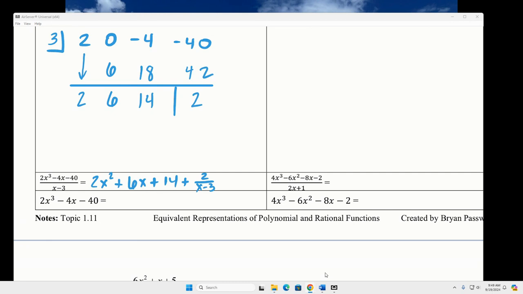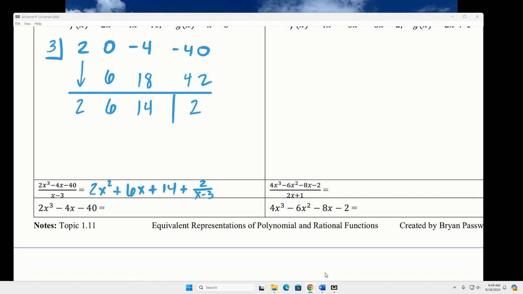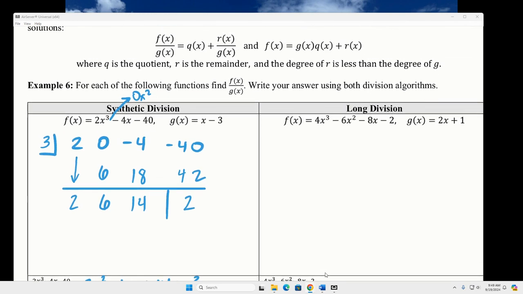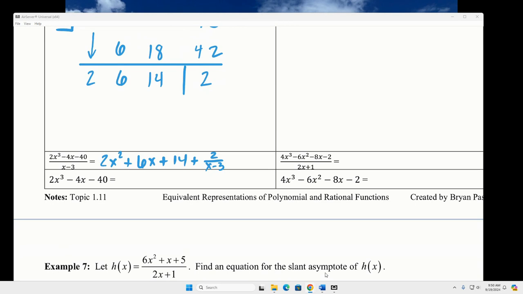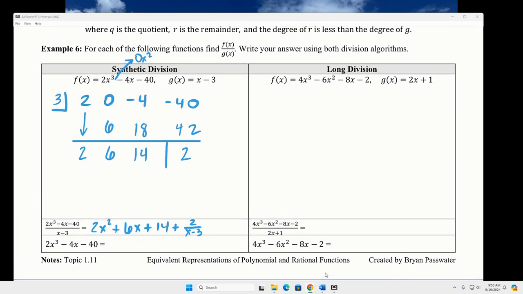All right, there is another division algorithm that they specifically mention in our standards. I don't know how they're going to put it on a test, but I want to show it to you just in case. Where they take the g, which was this, multiply it by the quotient, and then add the remainder to it. And that should give you the original function, the dividend. And that's actually what I do when I'm making up these problems, and I want it, especially a long division problem, to turn out nice. I use that algorithm to figure out what dividend I want.